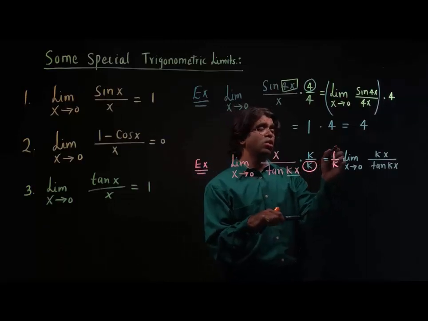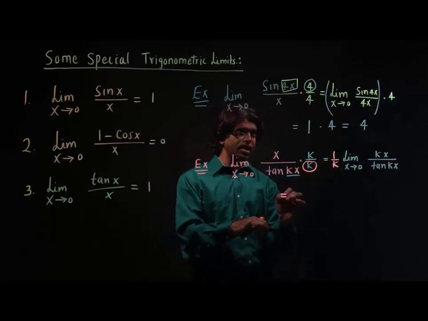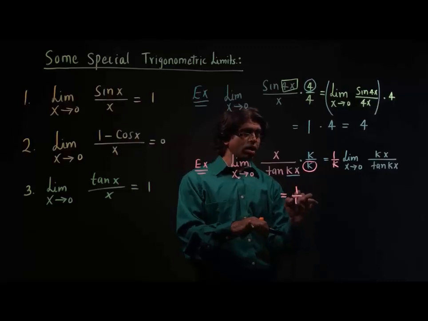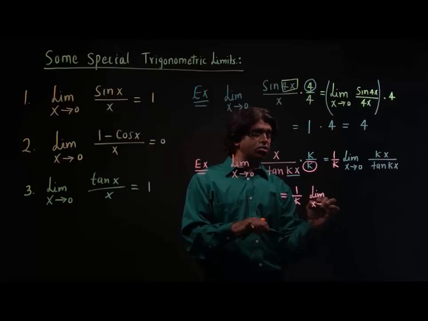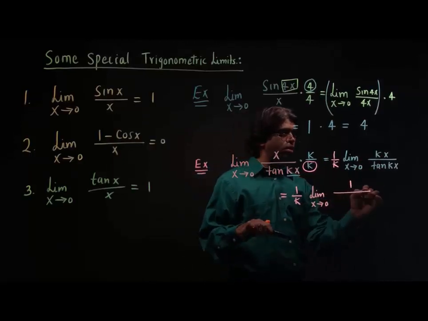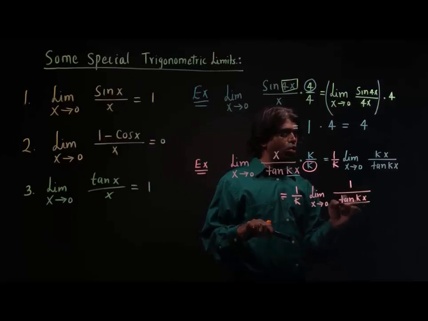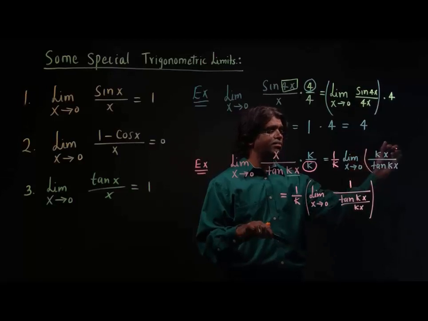Now, let's simplify further. I will write 1 over k limit x tends to 0, and I can write this one as 1 over tangent of kx over kx, right? Because if I flip the denominator, I will get exactly this term right here.